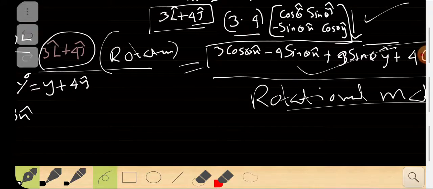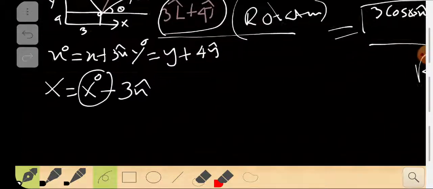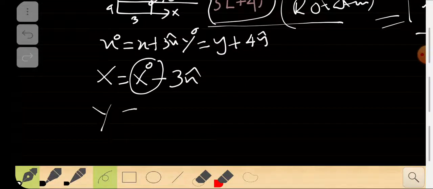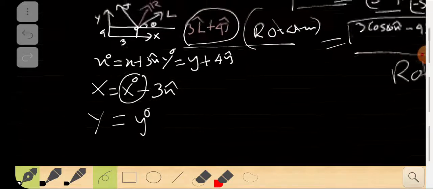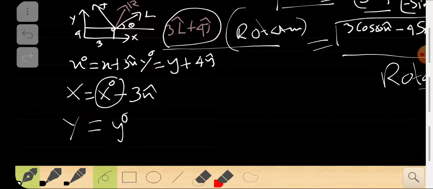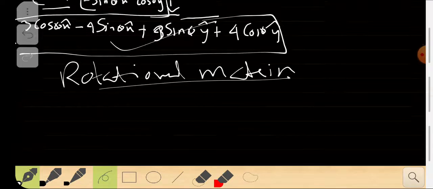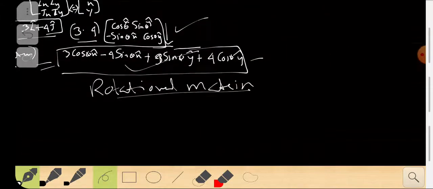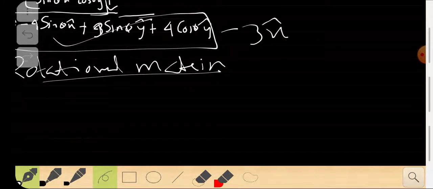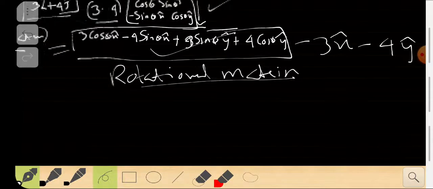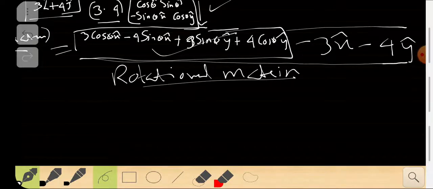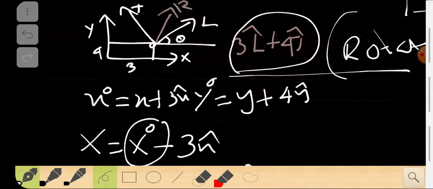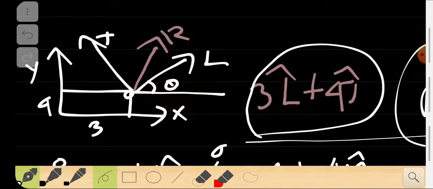After getting that, you have to subtract y0 also, minus 4y cap. So you have to subtract that from that. All you have to do is subtract 3x cap and 4y cap. If you do that along with that, you get the new matrix. This is the result.